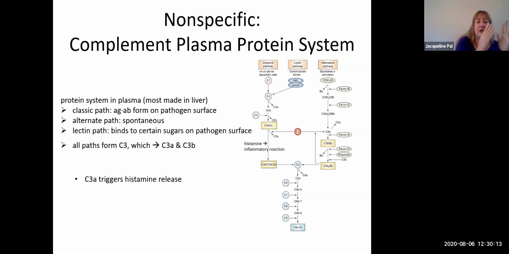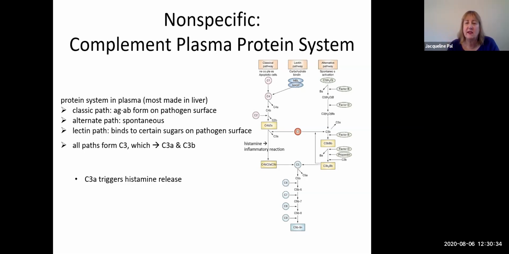C3A actually goes back and triggers histamine to be released from mast cells and from basophils, thereby turning the inflammatory reaction on. And if there already was an inflammatory reaction, then it turns the burner on higher.